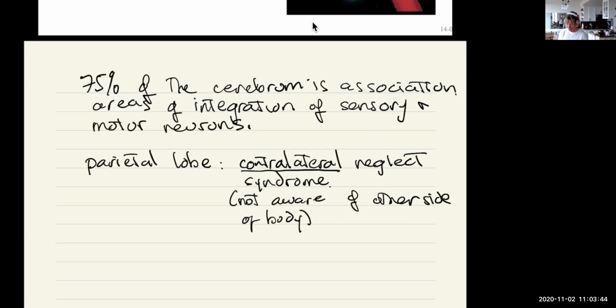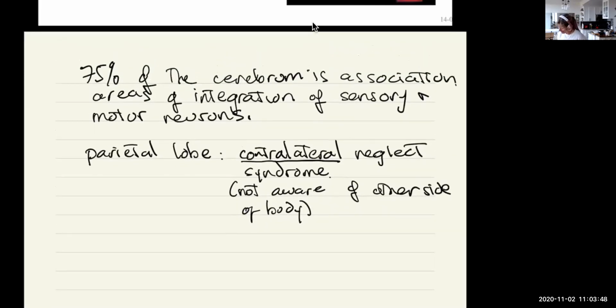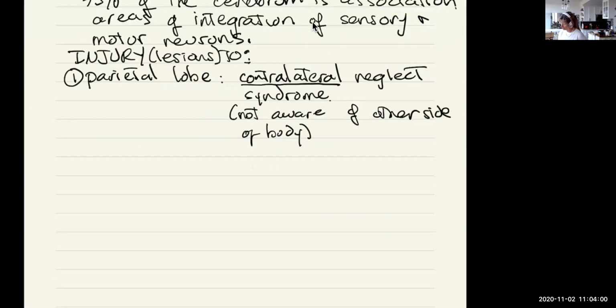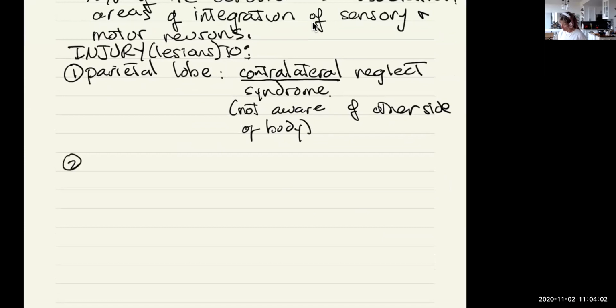Yeah. So what about injury, I should write that down here, sorry, injury as in lesions or trauma to the parietal lobe. What about the temporal lobe?